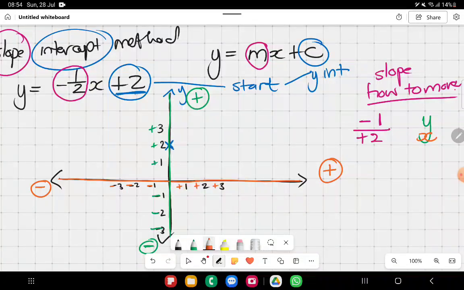So we know, first of all, that -1, minus means I am going down. So this means I'm going down 1 step. The next one is going to be +2. So positive is the x-axis, and positive means I'm going right or in this direction. So I'm going right 2 hops.